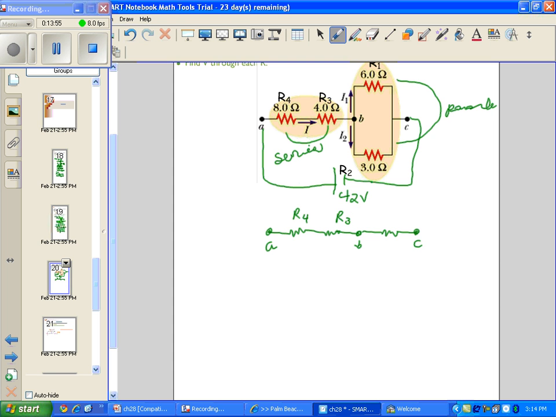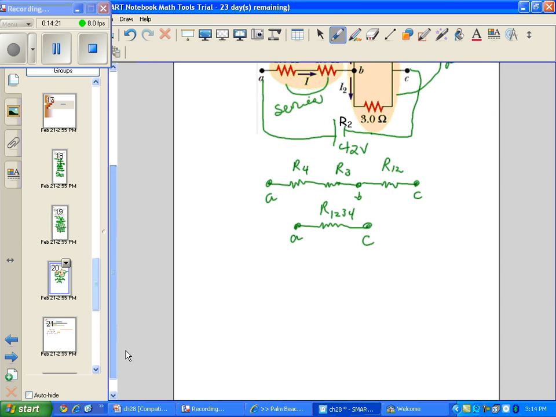So our game plan will be to first combine R1 and R2 so that we have an equivalent R12, and then combine those 3 series resistors so that we have an A, a C, and then R1234.